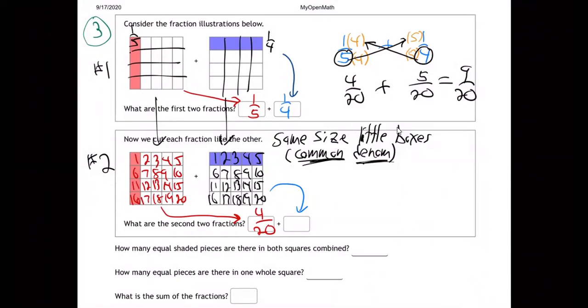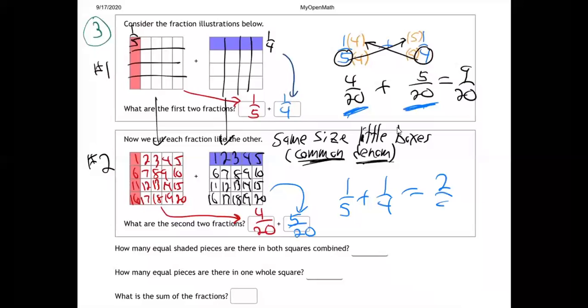So the blue is clearly 5/20. See, that's what we got here, 4/20 and 5/20. And now we can just add the 5 and the 4, can't we? Because now we're talking about the same kind of boxes. We couldn't do that with the original question, 1/5 plus 1/4.